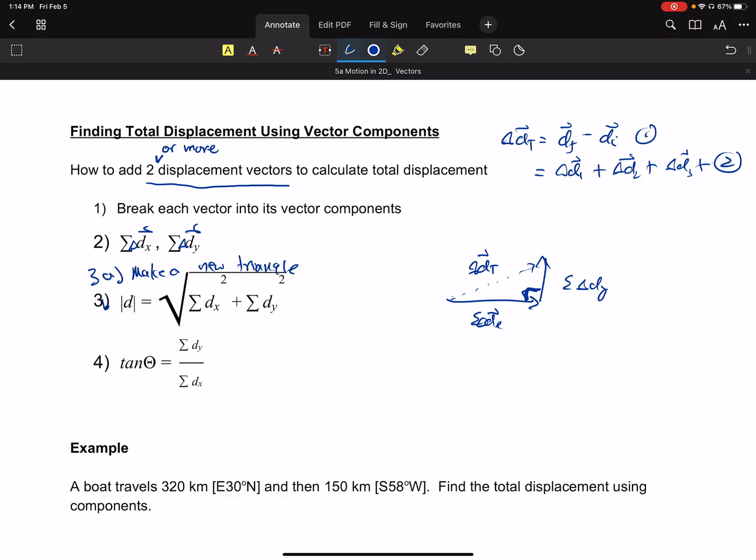Then you use the Pythagorean theorem, as step 3b says, to find the magnitude of your hypotenuse for your total displacement. Remember, your total displacement is still a vector, so we need a direction. So we have to find that angle. You always find the angle from where you start, not where you end. We typically just use tan, but you can use whatever SOHCAHTOA you want.